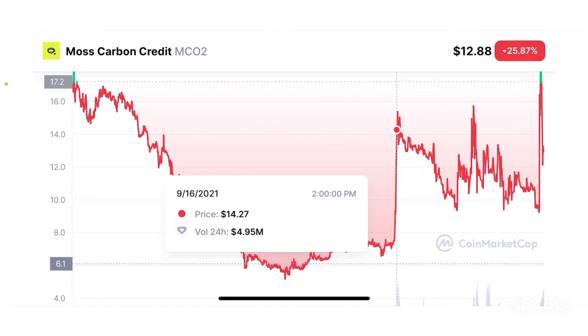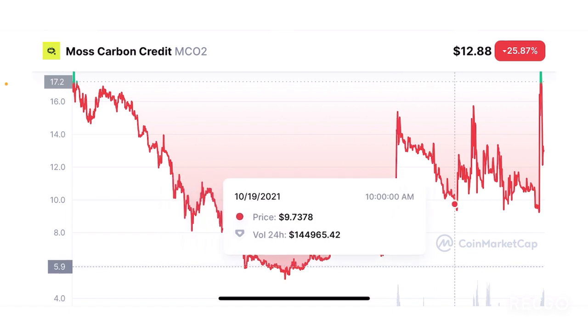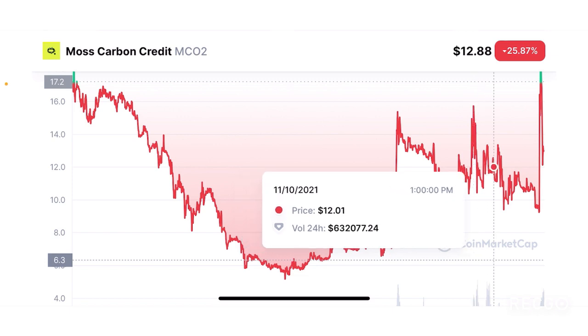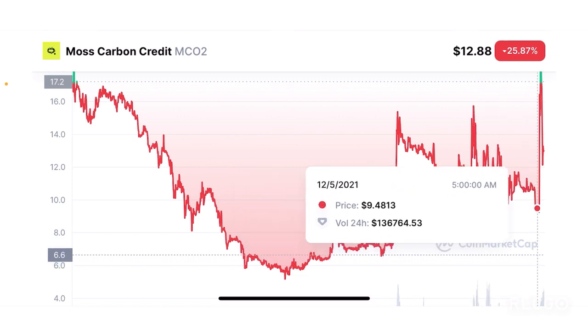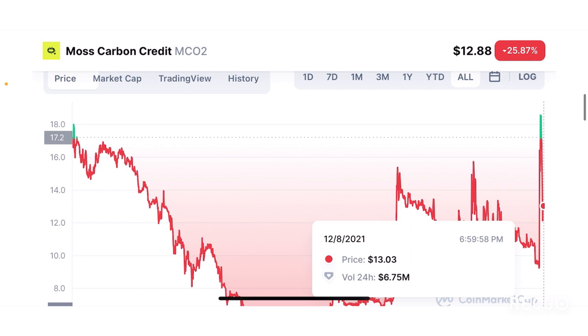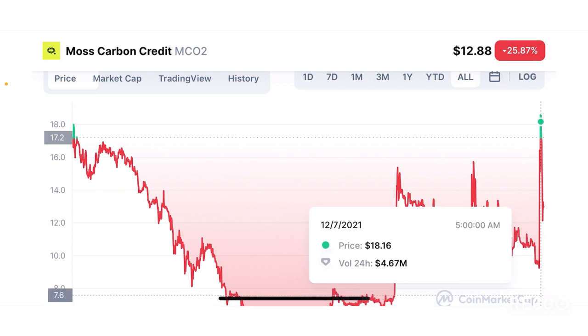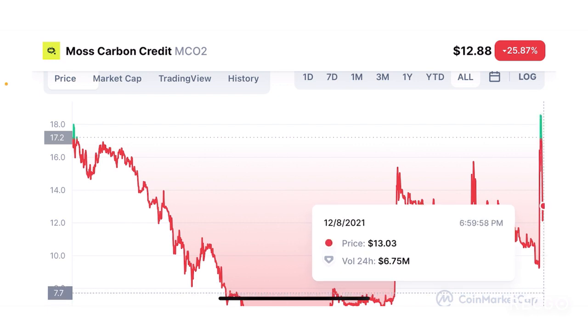But it crashed again, reaching $9.73, and then pumped up again to close to $16 per token, and then it's been dumping since then, reaching a relative low of $9.48. After that, it reached an all-time high immediately after the Coinbase announcement, reaching $18 per token, and now it's declining to $12.88 per token.